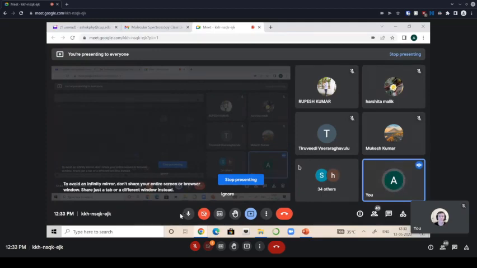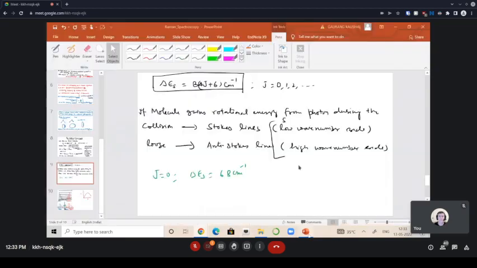If the molecule gains rotational energy, I am talking about the energy due to the rotation of the molecule. Any molecule will be rotating or vibrating, and both can happen at the same time. Always these molecules are rotating or vibrating, so there is already rotational or vibrational energy in the molecules.